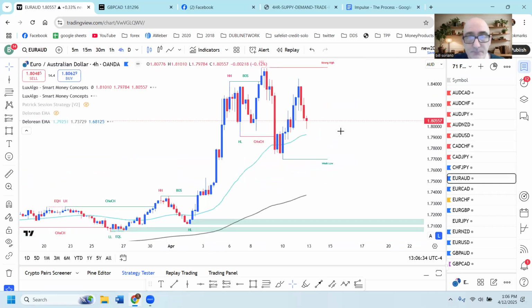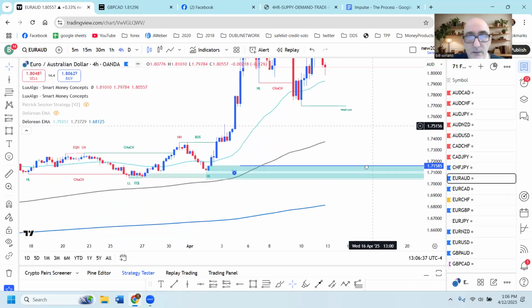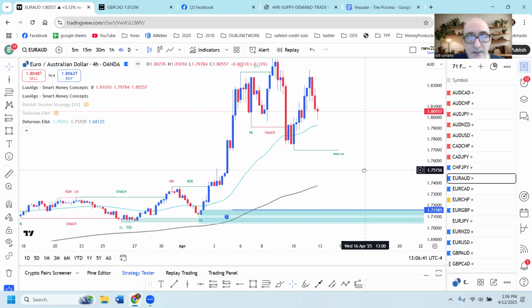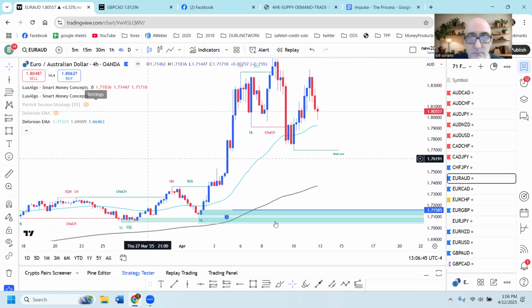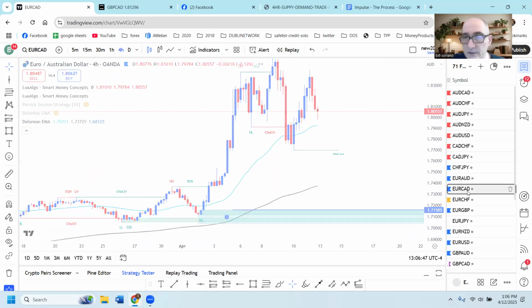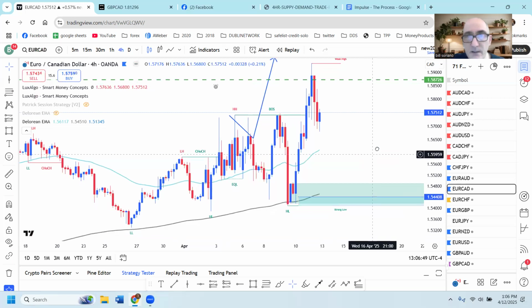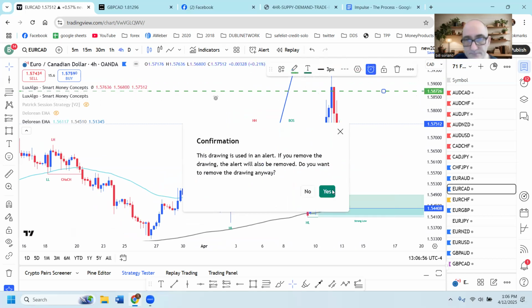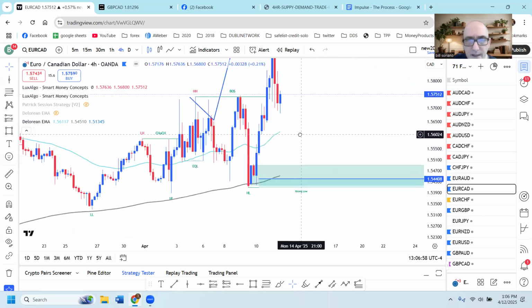EUR AUD. This one is bullish as well. And again, we're waiting for this zone down here. EUR CAD. This one now did move higher. We had a break of structure alert set right here that we can get rid of. When that happened, you can see that we get a new zone.